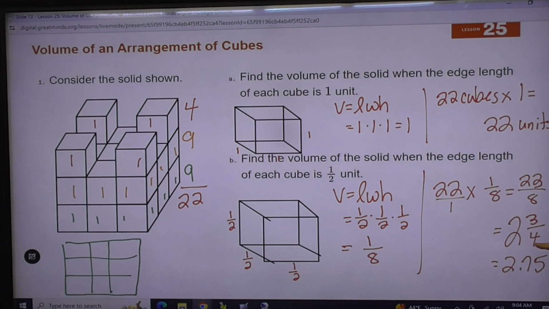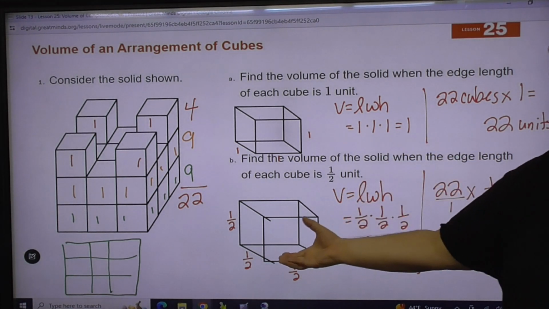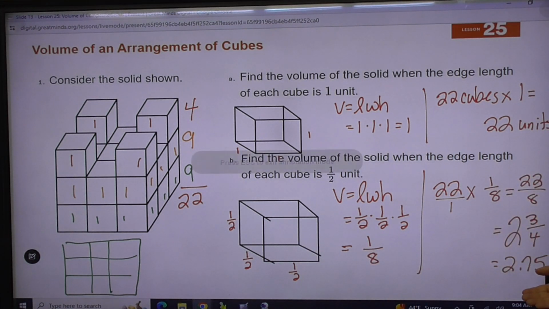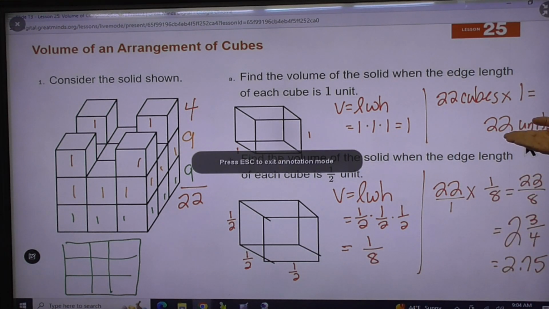Do you think 2 3/4 is 1/8 of that? Yes, it is, right? Because if we shrunk this cube down by 1/8, the total volume is also 1/8 of what we originally started with. Okay?